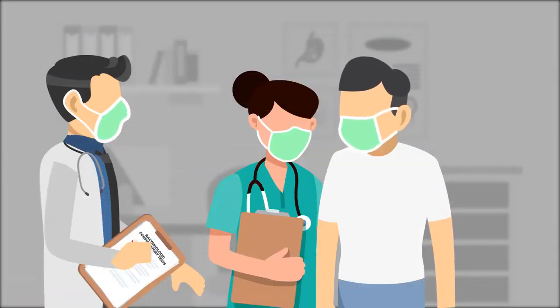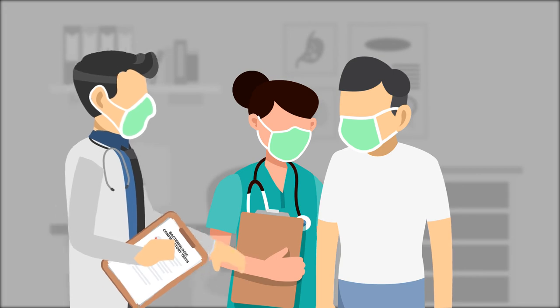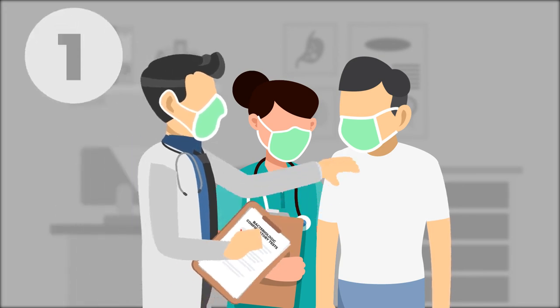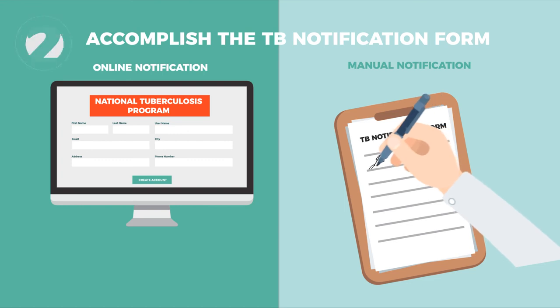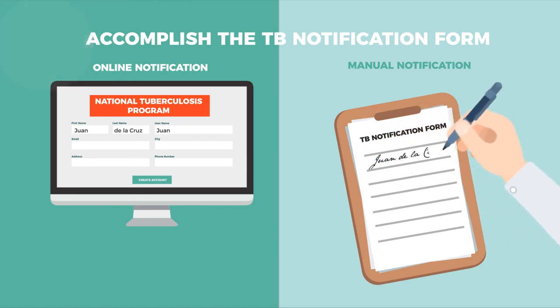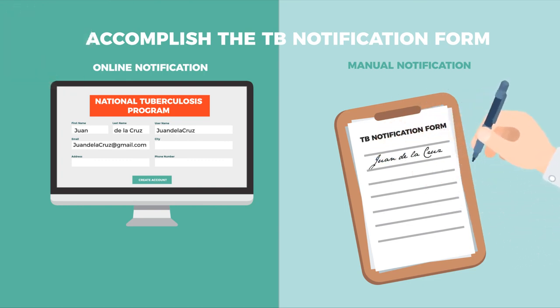Always follow the steps of notification. Start by informing the patient the need to notify his or her case, which is not a violation of the Data Privacy Act. Then, accomplish the TB notification form manually or electronically, whether notifying the patient for the first time or updating the previous TB notification form submitted.